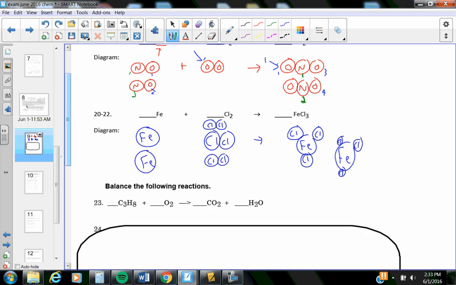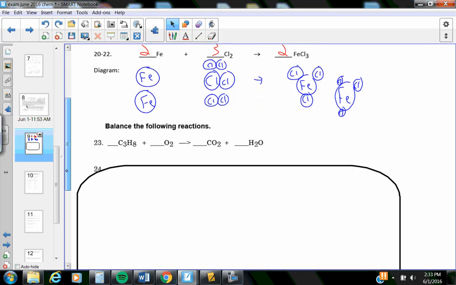Apparently it's going to take 2 of these, 3 of these, and you'll get 2 of these. So it's using a diagram to see how to balance a reaction. You draw just the shapes that they say to, and you keep adding until you have the same amount of every atom that there is.